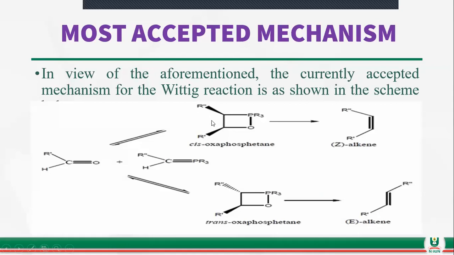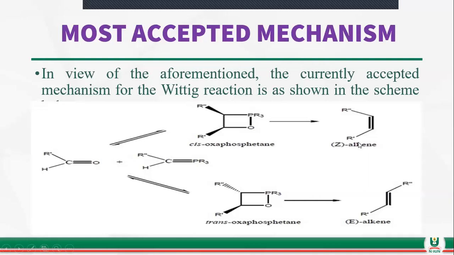In the cis, R and R prime are on the same side of the plane, that's why they both have the dash bond. Here we have one dash and one wedge bond in the trans, so that they are not on the same side of the plane. The cis oxaphosphetane will arrange itself to form a Z alkene. Why is it not called cis alkene?